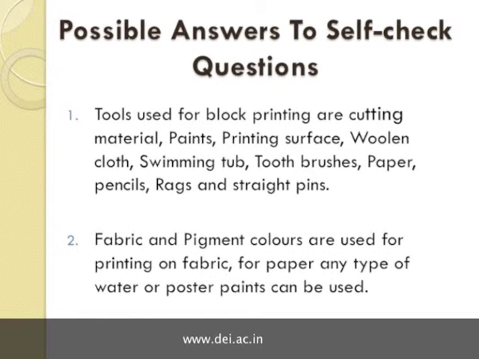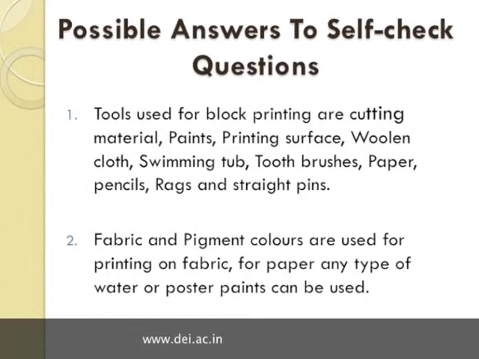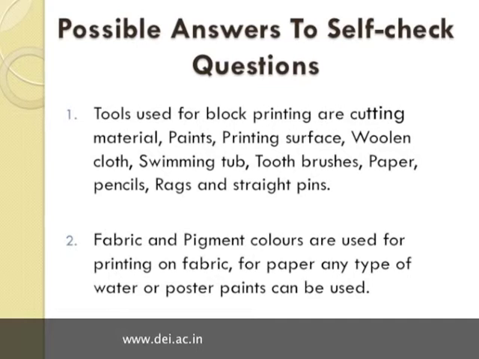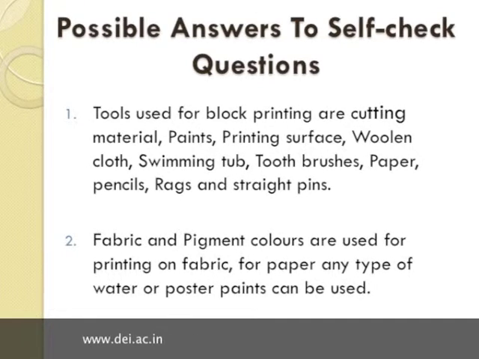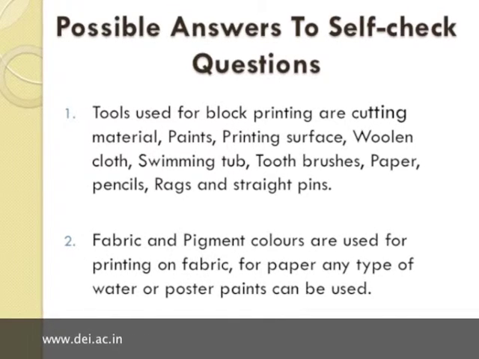The second question was about the colors. For that, the answer is fabric and pigment colors are used for printing on fabric. For paper, any type of water or poster paints can be used.